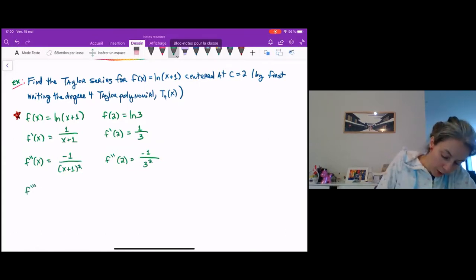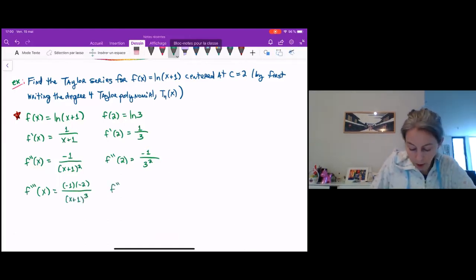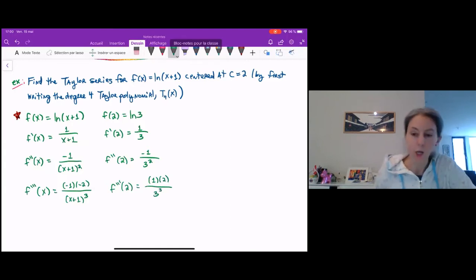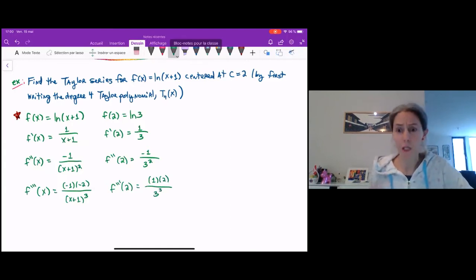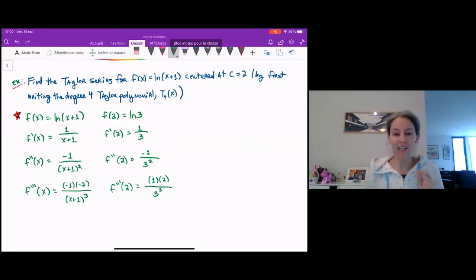My third derivative will be negative 1 times negative 2 over x plus 1 cubed, which means f triple prime of 2 will be 1 times 2 over 3 cubed. So notice, even though 1 times 2 is clearly 2, I left that 1 times 2. But I did get rid of the negatives.